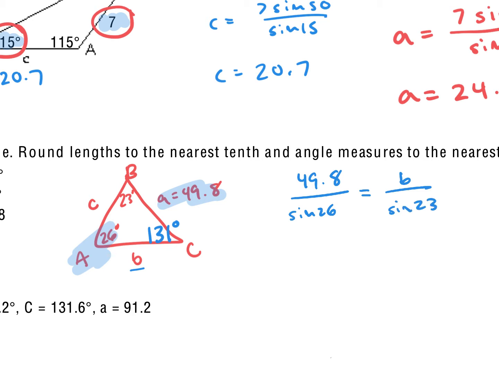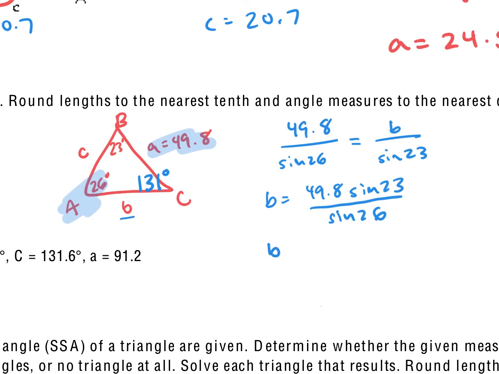Cross multiply, and then divide. So I would just put this into my calculator, and what do we get for B? 44.4. Agree? Awesome. So B is 44.4.